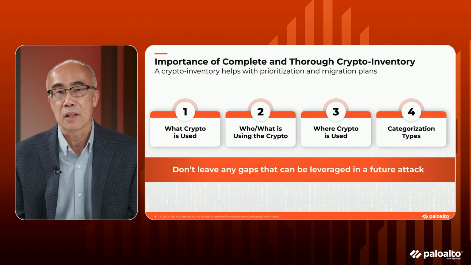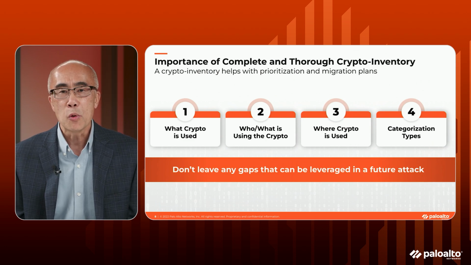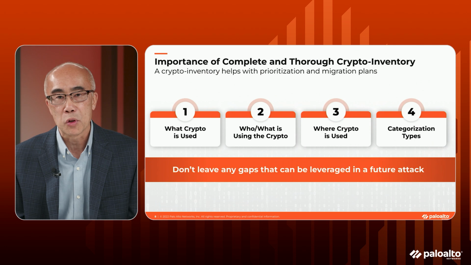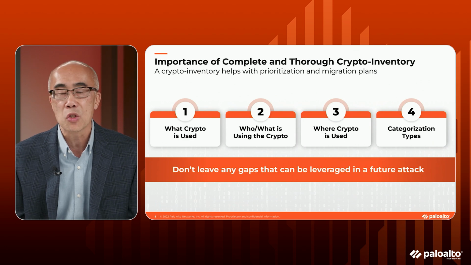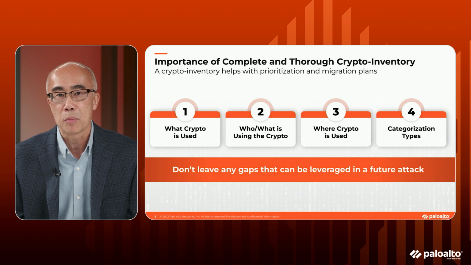It might be things like the risk of the data you're trying to protect, its shelf life, and so forth. The most important advice I can give you is to take your time and make sure you do it thoroughly.